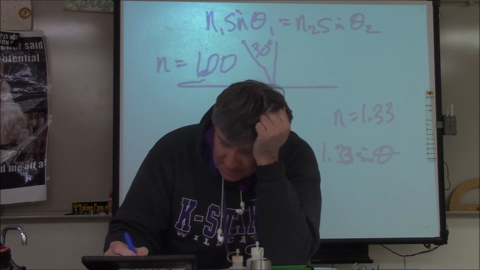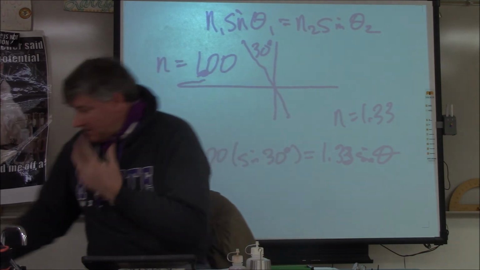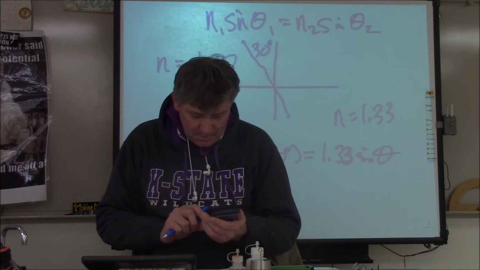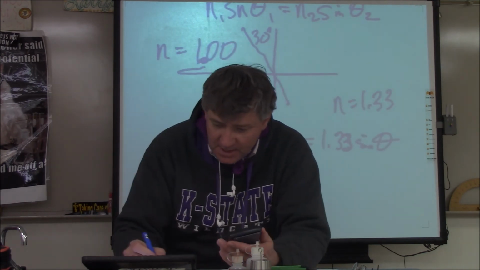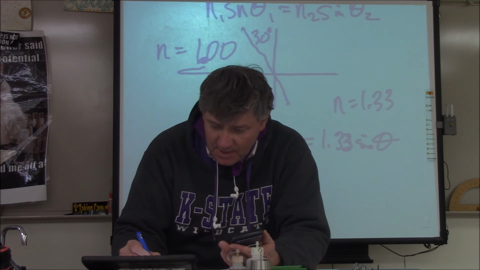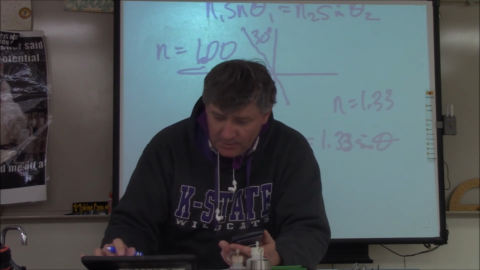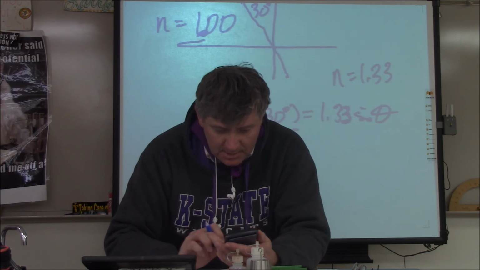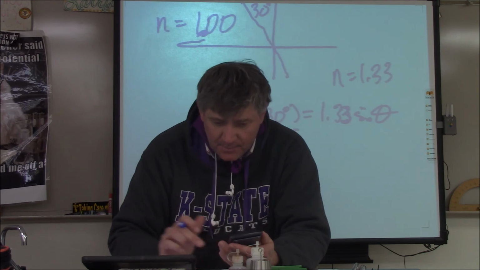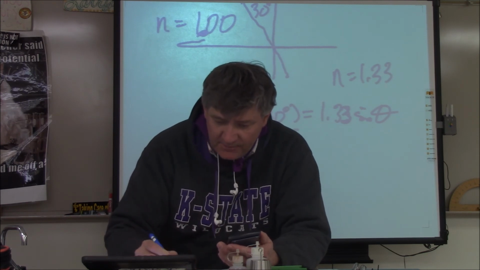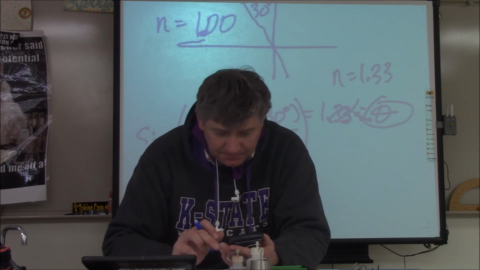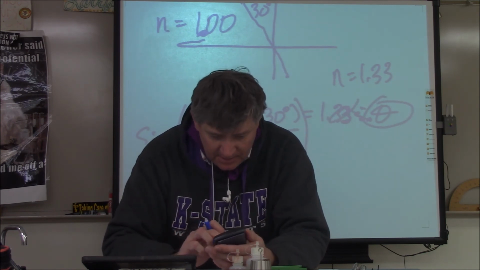Because of this equal sign, let me do a little math here. You're going to take 1 times the sine of 30 and then divide that by 1.33. Then I'm going to take the inverse sine of all of this to get theta. So I'm going to do a second function, inverse sine.